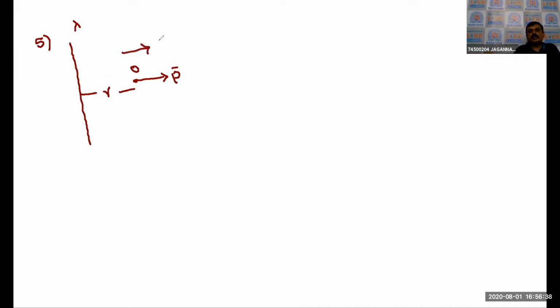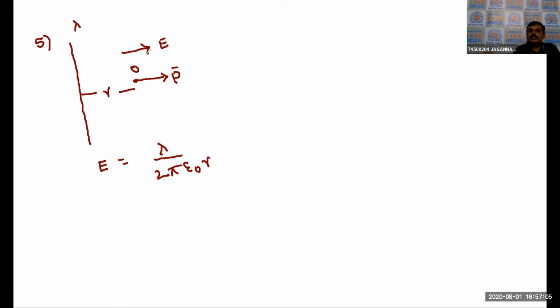This is an infinitely long charged wire, so the electric field is equal to lambda by 2 pi epsilon naught R.